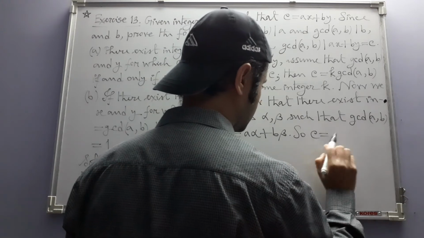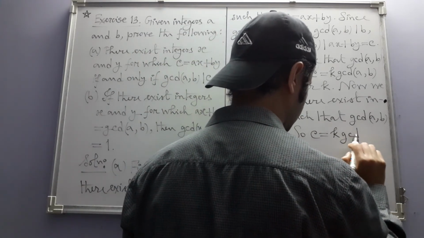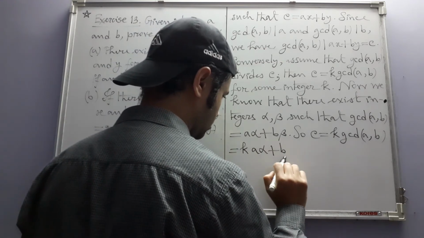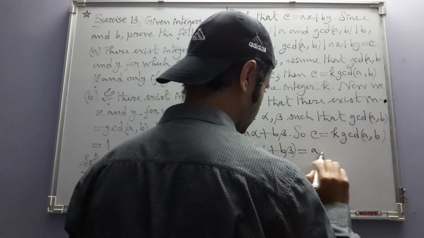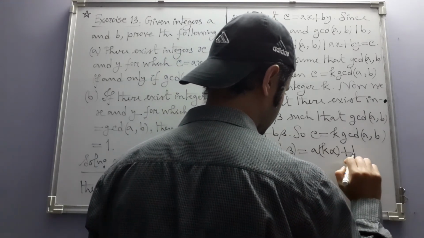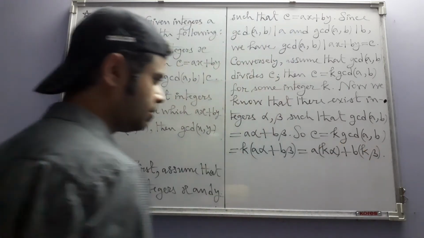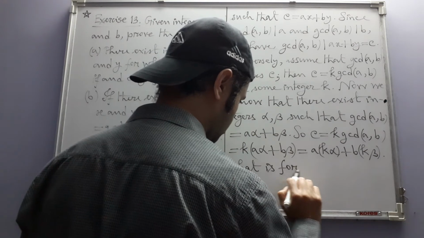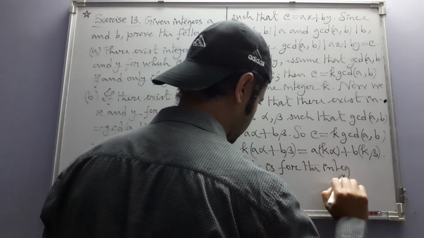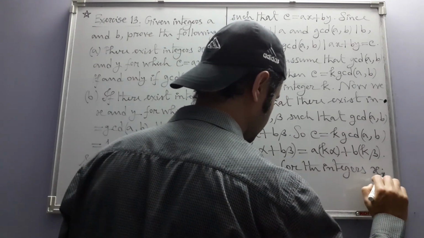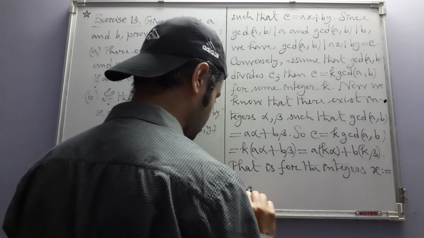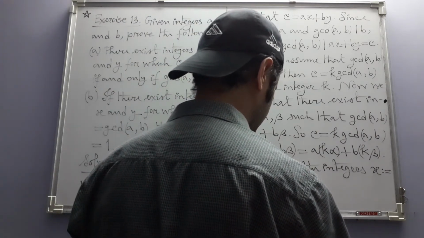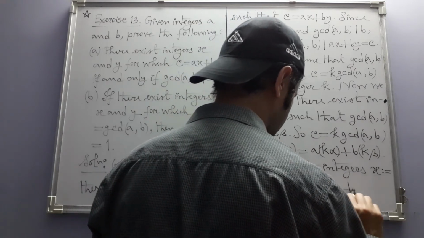So c will be equal to this, k alpha times a plus k beta times b, that is, for the integers x equal to k alpha and y equal to k beta, c is equal to ax plus by.